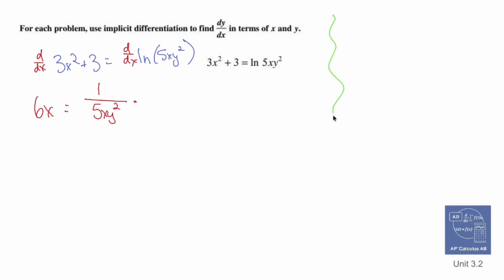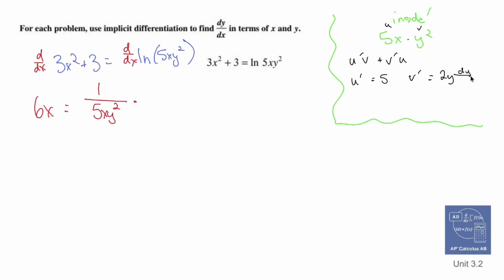So let's go off to the side and find out what the derivative of the inside stuff is. The inside stuff is 5xy squared. I will call 5x u and y squared v. So the derivative would be u prime v plus v prime u. U prime is the derivative with respect to x of 5x, which is 5. And v prime is the derivative with respect to x of y squared, which is 2y dy/dx.